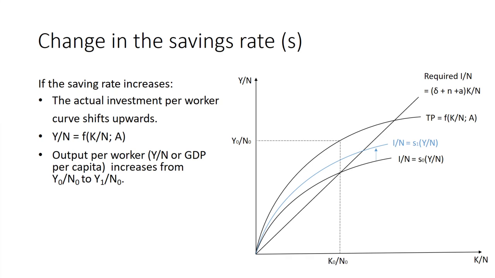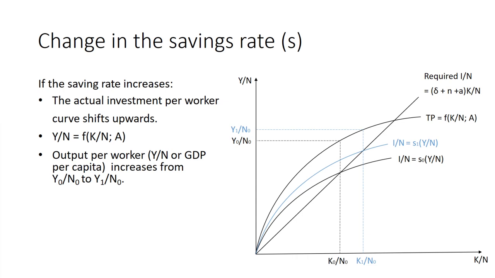So we'll have a new equilibrium point where we have a higher capital labor ratio and a higher income labor ratio.